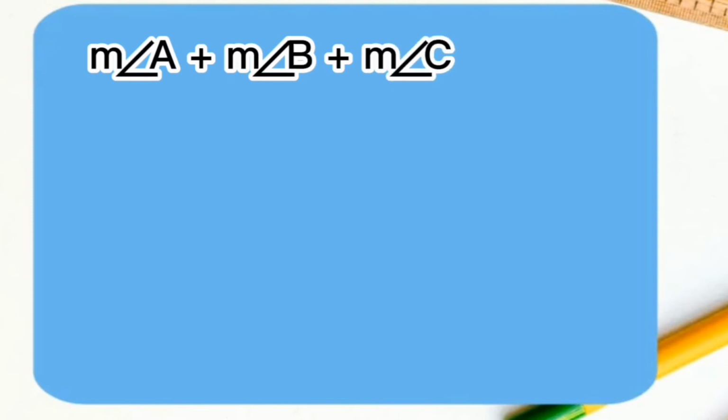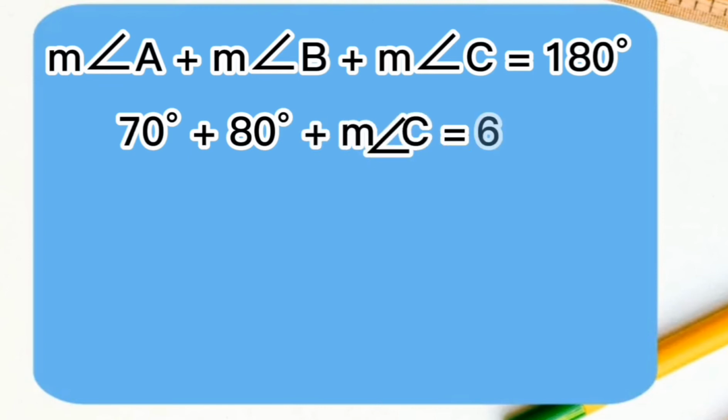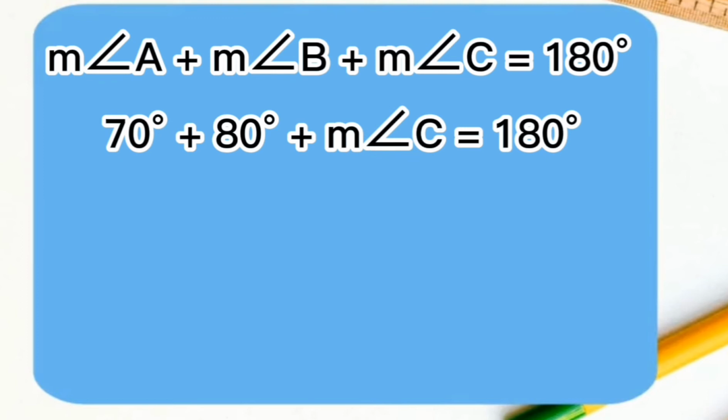So we have the measure of angle A plus the measure of angle B plus the measure of angle C is equal to 180 degrees. Substitute: 70 degrees plus 80 degrees plus the measure of angle C is equal to 180 degrees.